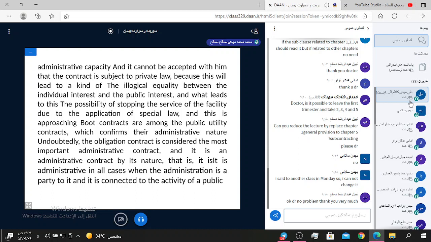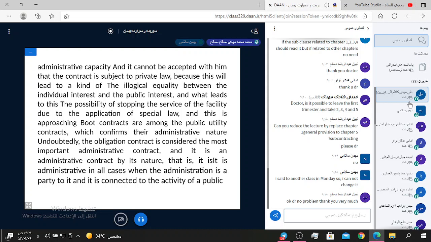And this approaches the contracts that are among the public authority contracts, which confirm their administrative nature undoubtedly.